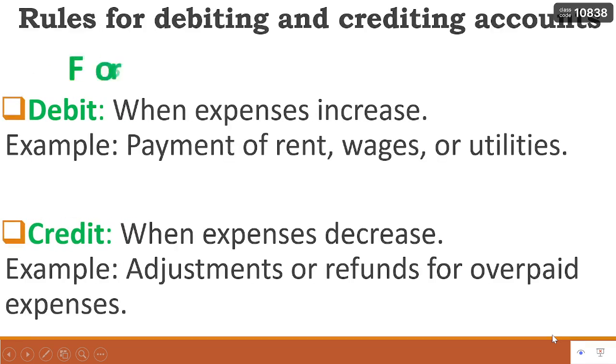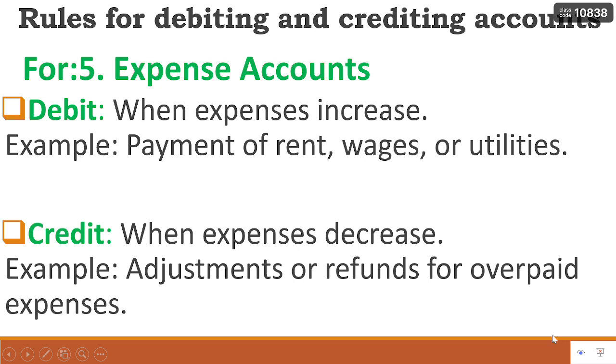Rule number 5, for expenses accounts. You debit when expenses increase. Example, payment of rent, wages, or utilities. You credit when expenses decrease. An example is the adjustment or refunds for overpaid expenses.